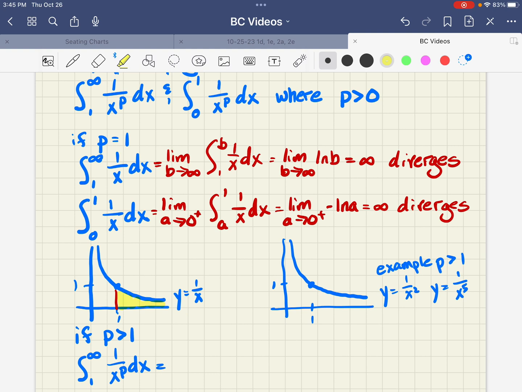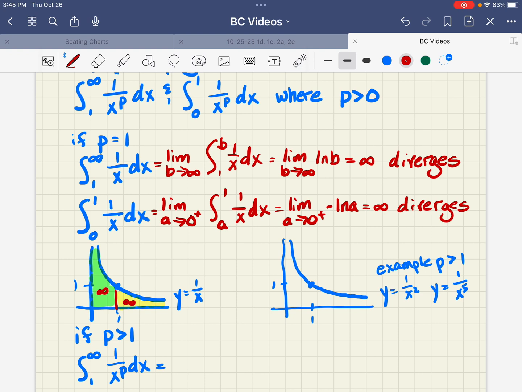So in the race between getting shorter and getting wider, the wider wins, and so this area is going to go to infinity. Similarly, from 0 to 1, this area is getting taller as we approach 0, right? And in the race between getting taller and getting narrower, getting taller is winning. So this area is also going to infinity. So both of those sides are infinite. I like that as a nice visual of thinking about the situation.